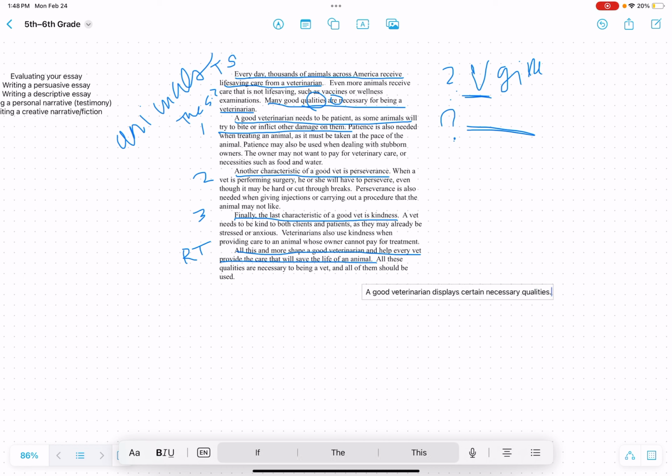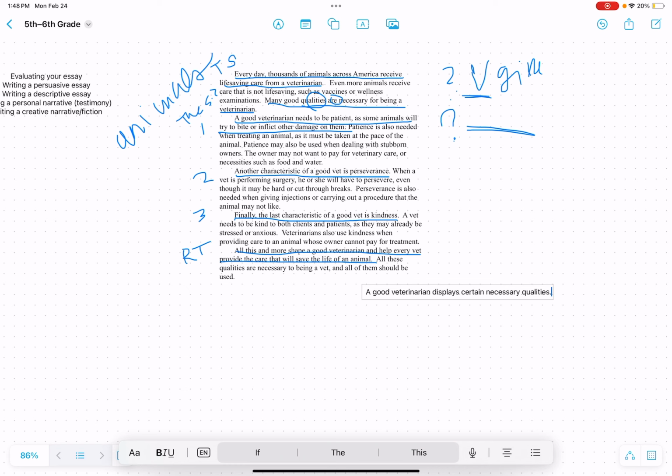Qualities. How does that sound? So now we have the subject is a good veterinarian. And we have the word necessary in there because I do think they're not just good qualities, they're necessary qualities, but they display them. So we have a verb that is not a be verb. Okay, so that's our new thesis.